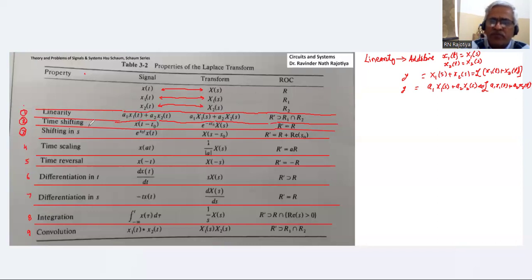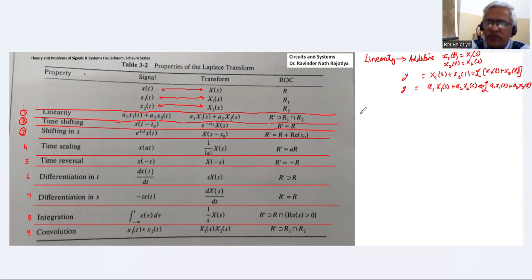Second is the time shifting. If you shift the time by t0, the response in the S domain will be for a signal which is unshifted, that is x(t).